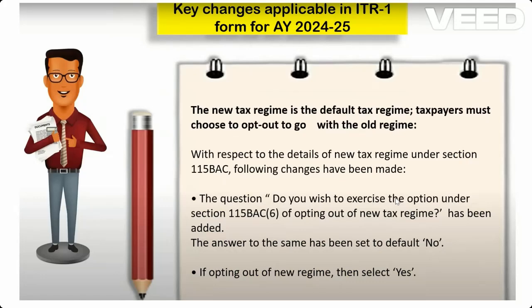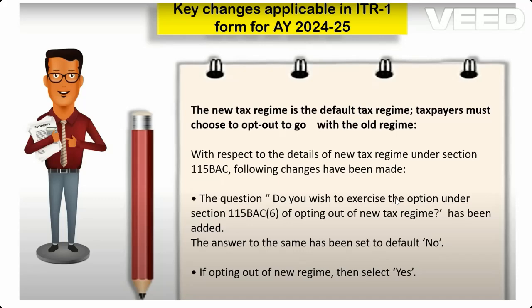What are the key changes applicable in the ITR form for 2024-25? There is a new tax regime which comes as the default. If you want to change from the new tax regime to the old tax regime, you need to select different options here.